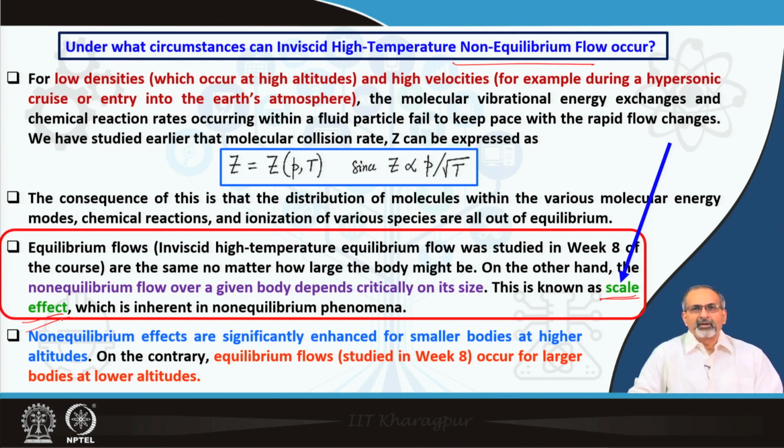The non-equilibrium effects are significantly enhanced for smaller bodies at higher altitudes. On the contrary, equilibrium flows, which we already studied in week 8 of the course, occur for larger bodies at lower altitudes. So, these are thumb rules which would be understood to a greater extent through more logical discussions of why it really happens, but these thumb rules need to be remembered.